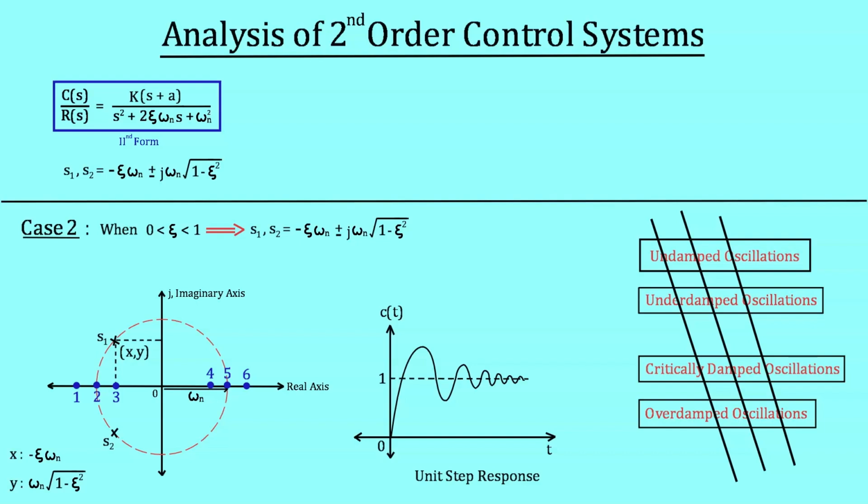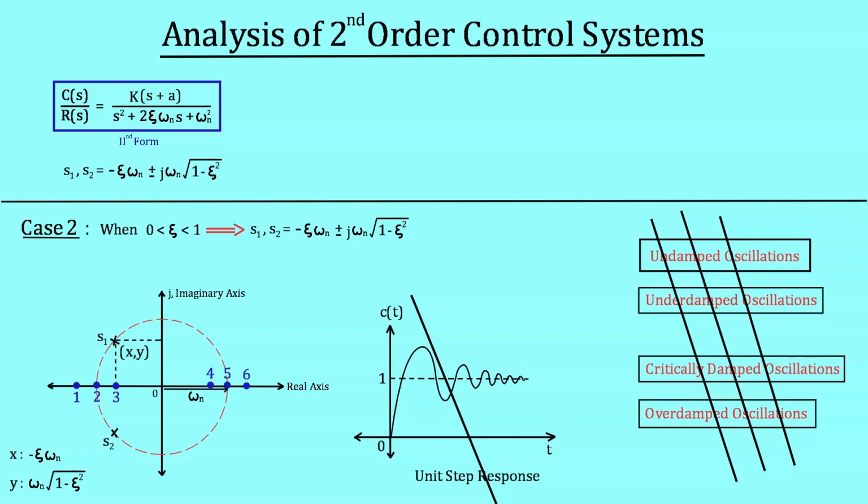The zero can have any of these locations which are denoted by the positions 1, 2, 3, 4, 5. The zero could be present on the right hand side of the imaginary axis or the left hand side of it. It can be present on the right hand side of the poles or the left hand side. All these things determine what type of output profile the system will have, and that's why the output profile which we have seen in the standard form is also not valid here.